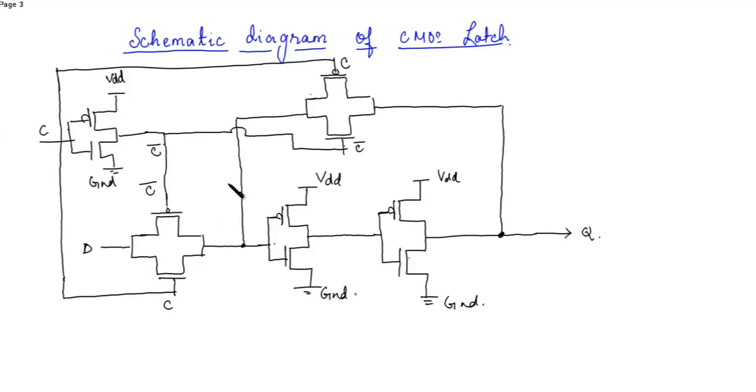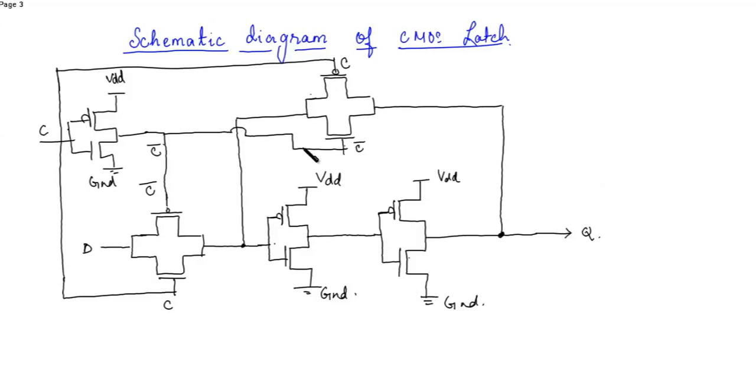Now, if you see the operation of this schematic diagram, let's first discuss what is the function of a standard D latch. A standard D latch, which is a level control flip-flop, can be built from 4 2-input NAND gates.